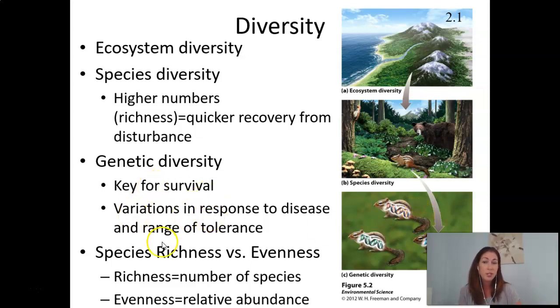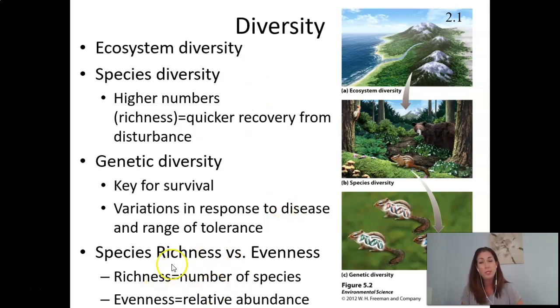So genetic diversity is really key because humans are greatly impacting how the environment supports our diversity. And so if you have high genetic diversity, then species as a whole will have a higher chance of survival.